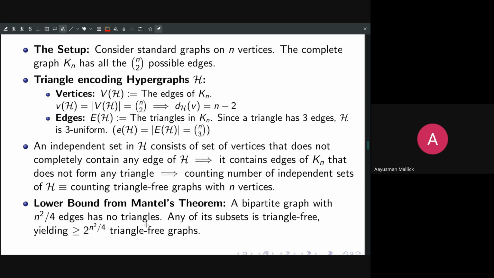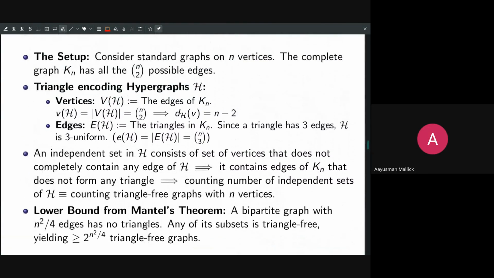So if we take each vertex of the hypergraph, it has two choices, either to be present in the independent set or not. From that we get at least 2 to the power n squared by 4, or 2 to the power floor of n squared by 4, triangle-free graphs.